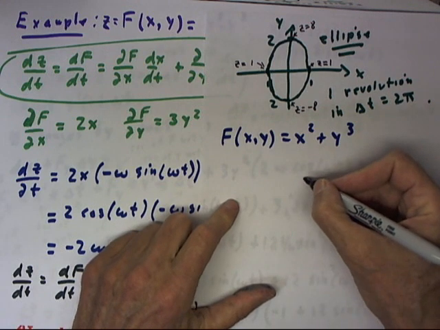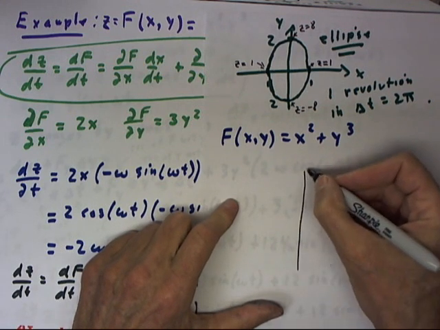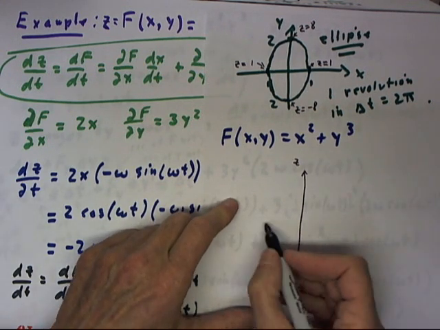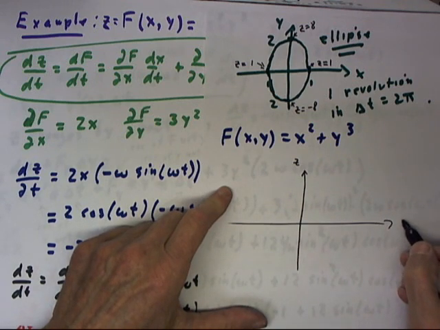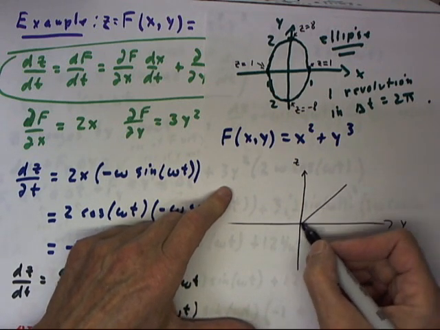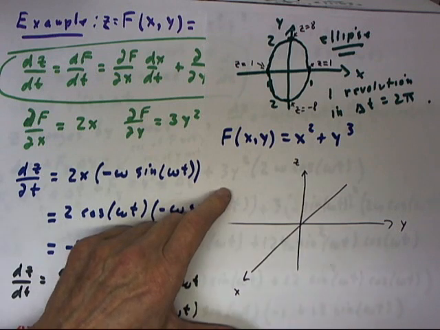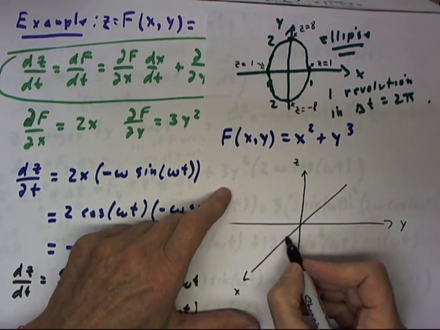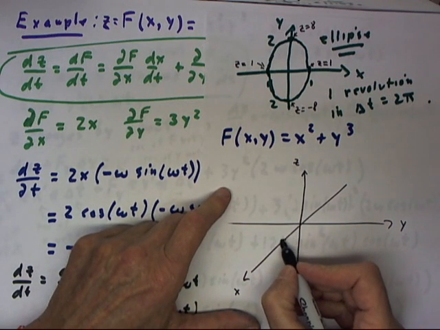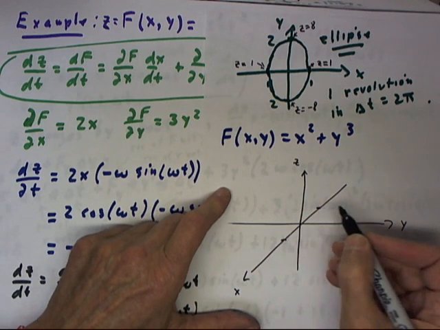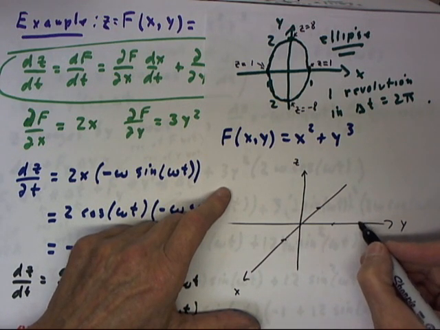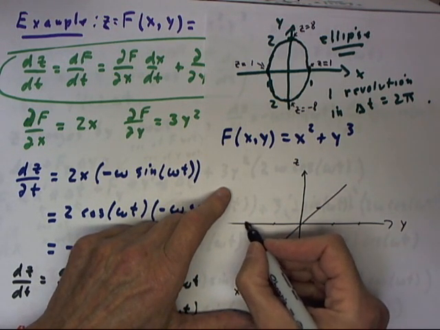Let's go ahead and construct a three-dimensional set of coordinate axes. Our semi-minor axis is in the x direction, and that's 1 unit, and we come over 2 units in the y direction.